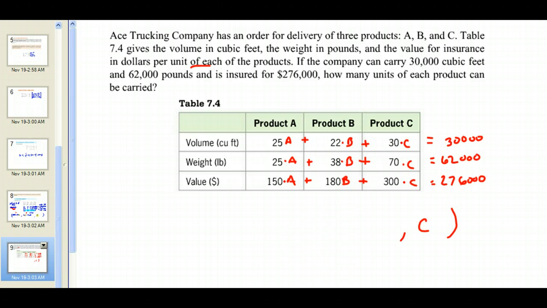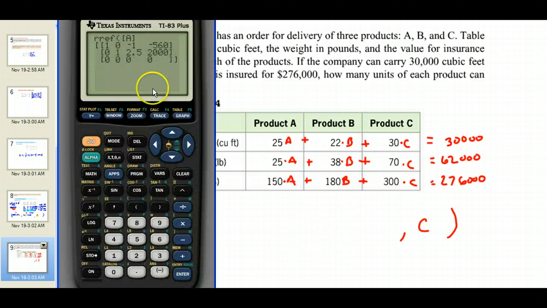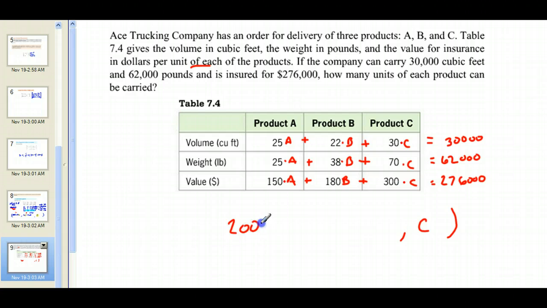Now the second one, that's B plus 2.5 C equals 2,000. So B is going to be, this is positive over here, if we go on the other side of the equals, it's going to be minus. So that's 2,000 minus 2.5 times C. That's what B is equal to.